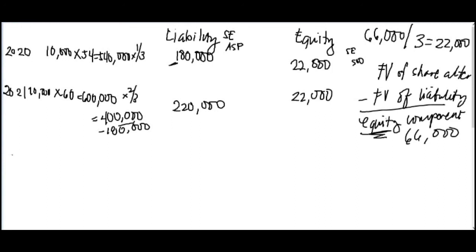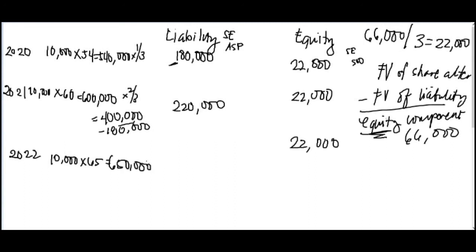Next, 2022. Madali lang, di ba? You just need to maximize the use of columns. 2022. O, 3 taon. Kompleto ng 66,000 mo. Okay? For this one, let's do 10,000. Look for the fair value on 2022 times 65. You have 650,000.